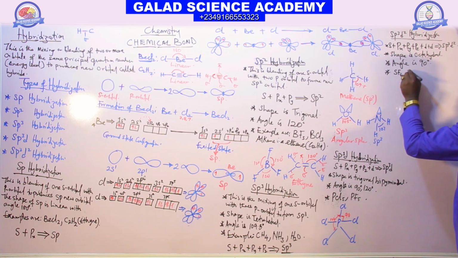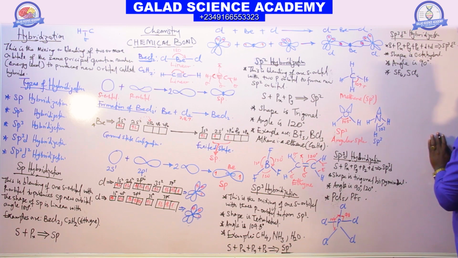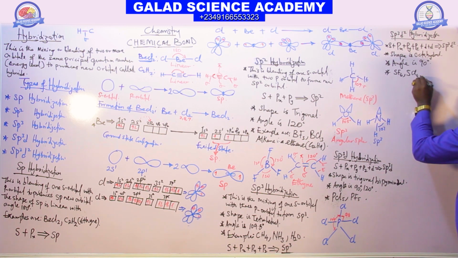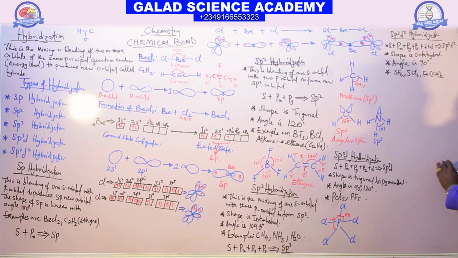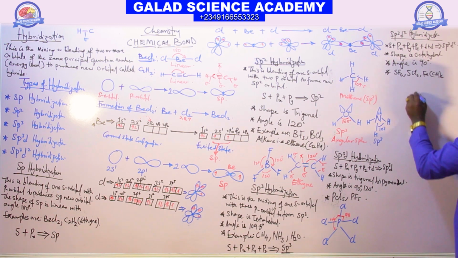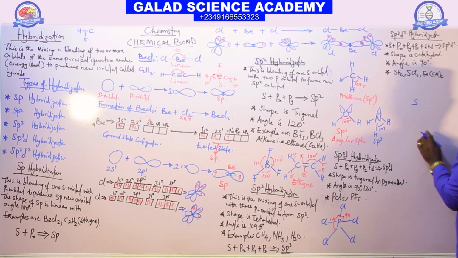It can be found in molecules of XF6 or XCl6 or ions like that. So this is the shape of this molecule, sulfur hexafluoride.